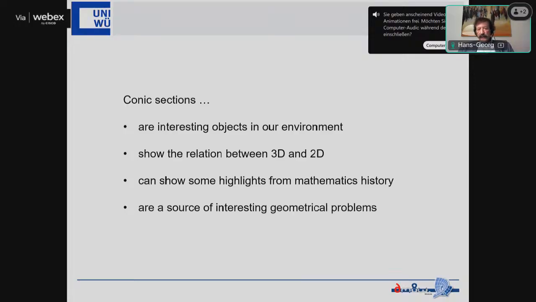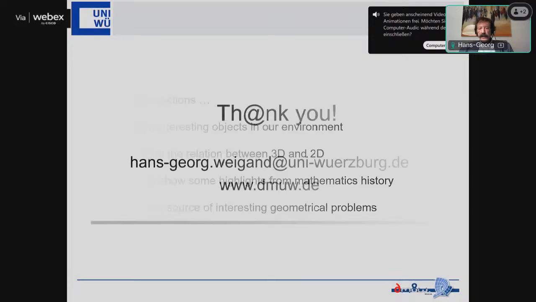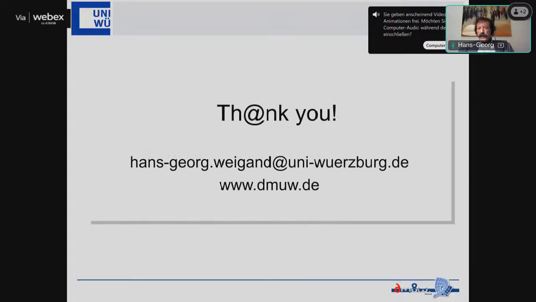And like the last one, they are a source of interesting geometrical problems, and a lot of problems come out from conic sections if you do it, and especially if you do it in an analytic way, like in analytic geometry, you get a lot of geometrical problems you can solve on a geometrical level, but also on an analytical level with formulas. So this was my talk.